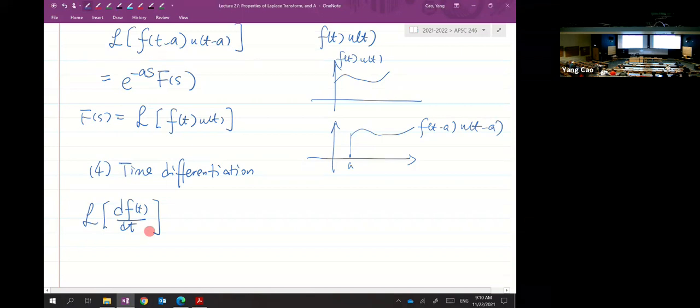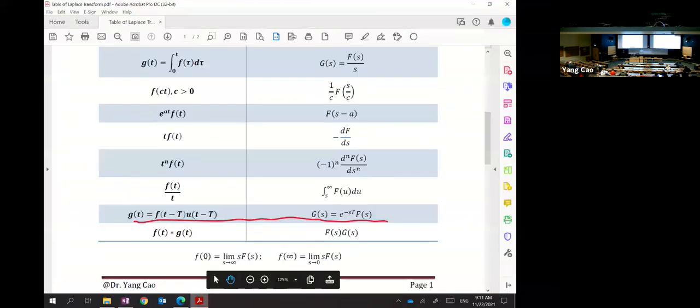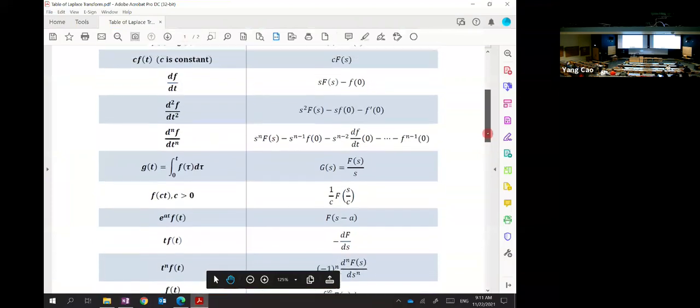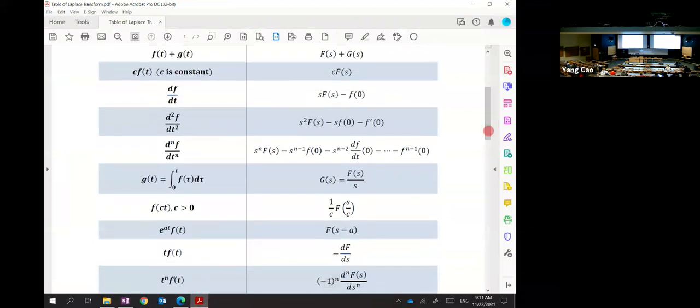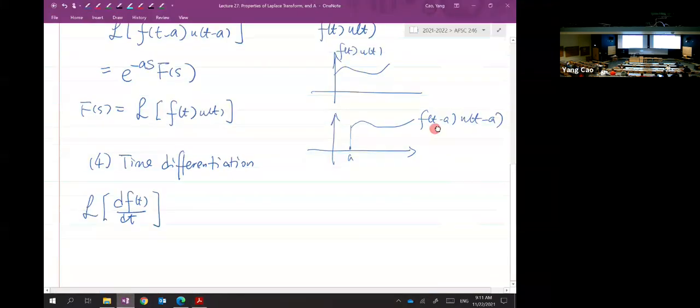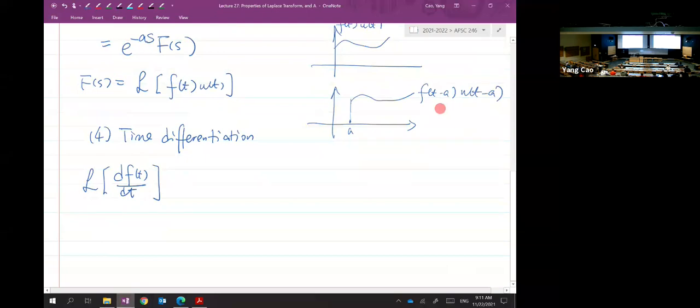So take a derivative of this f, and then what's the Laplace transform of the result. I'm going to provide a very brief proof for this one, and the rest of you can just simply remember this. It is listed in the table over there. But for this one we should probably just quickly look at the proof.